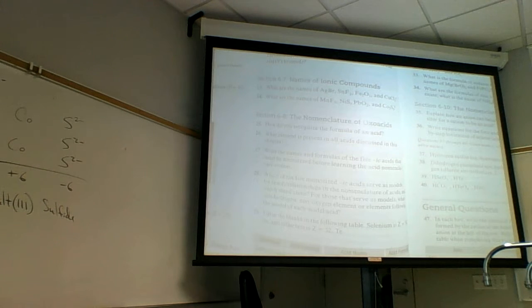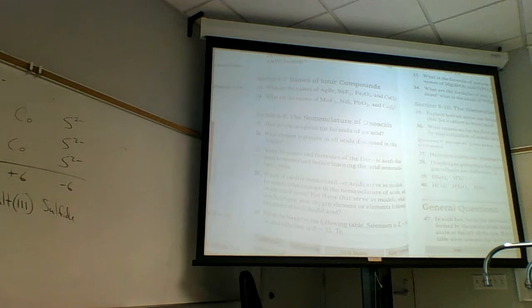Naming acids is easy. It just depends on the anion. The cation's always the same. The cation is H+. The anion is the only difference. So always H+ here. And so the only difference between acids is what the anion is. And so the name of the acid is always going to be based on the anion name.